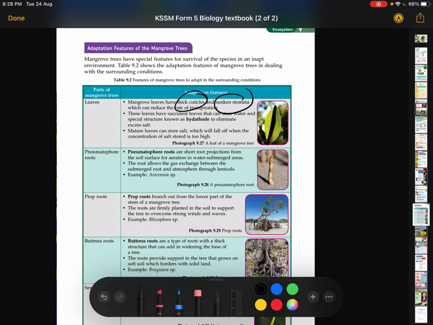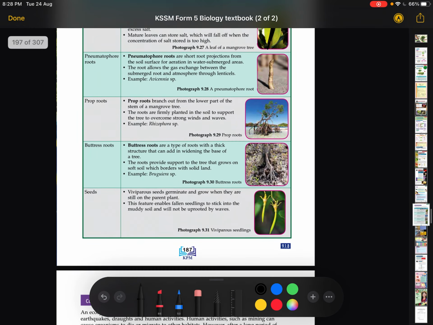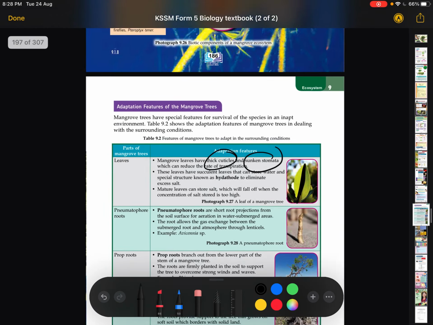Also the leaves are succulent. Succulent means juicy, very fleshy, so they can store a lot of water. Again, this is because it's very hot, so they want to keep as much water as possible. And because it's very salty, they want to remove the salt, so they use hydathodes.